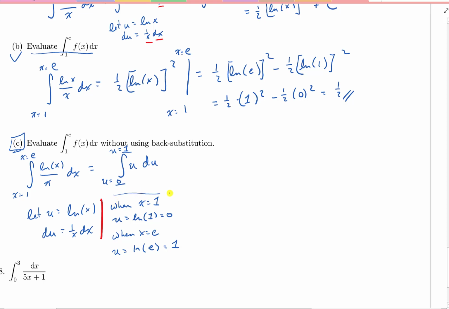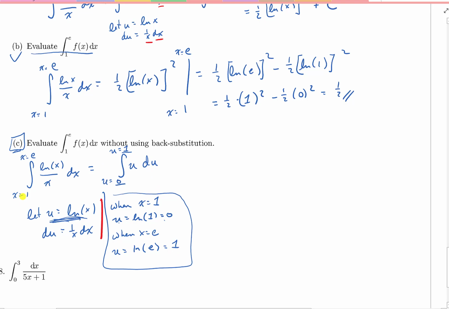So this is the key new step: I can use this formula right here to switch the limits of integration from x equals 1 to u equals 0. And again, I'll use this formula right here to switch the limits of integration from x equals e to u equals 1. So now I've completely shifted this problem.